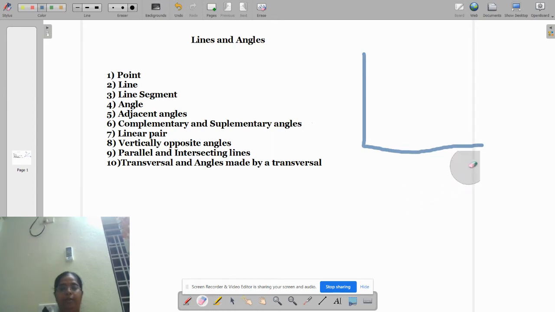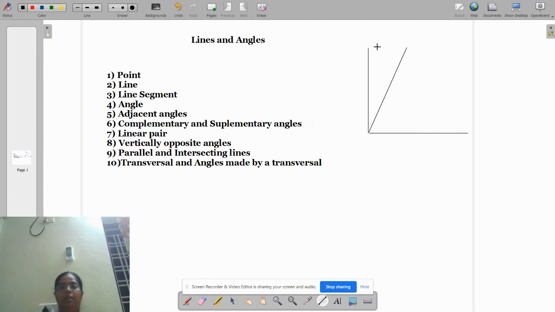See here, two angles are formed: O, A, B, and C. If you observe, this is one angle and this is one angle, and this complete angle, if we add, is 90 degrees.